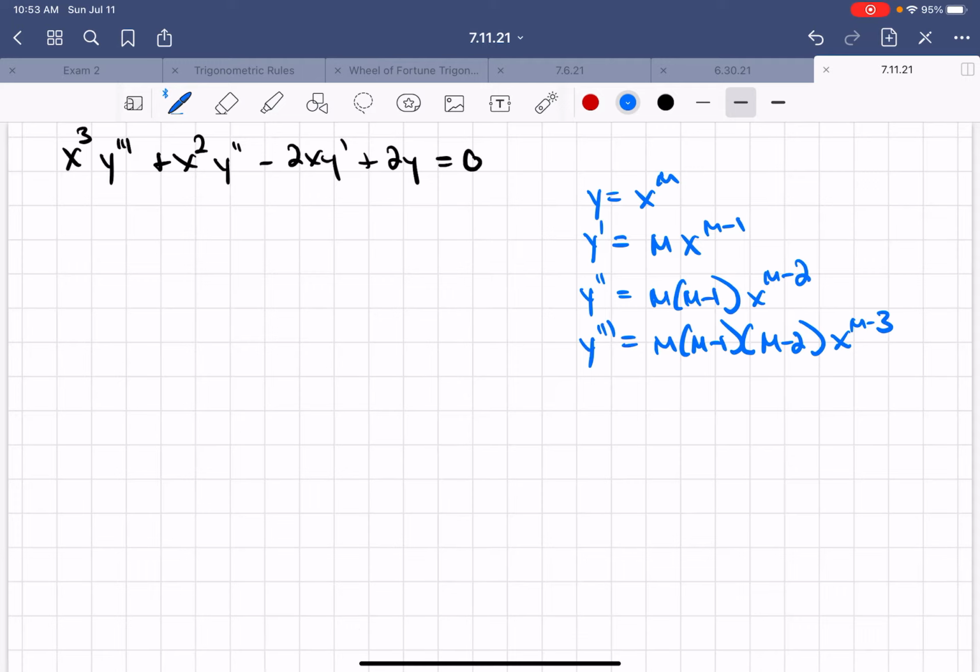Okay, so now we have the third derivative of y. From this point on, we can just start plugging these in. Rather than putting it on the side, I'm just going to put it on the bottom. That way we have space.